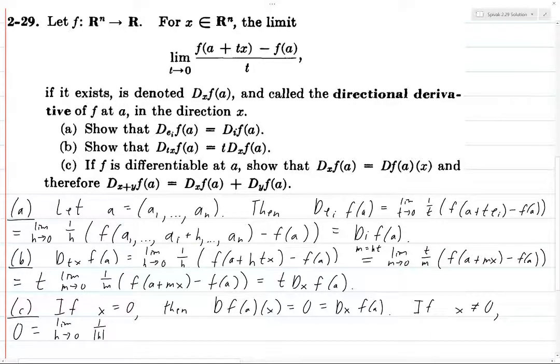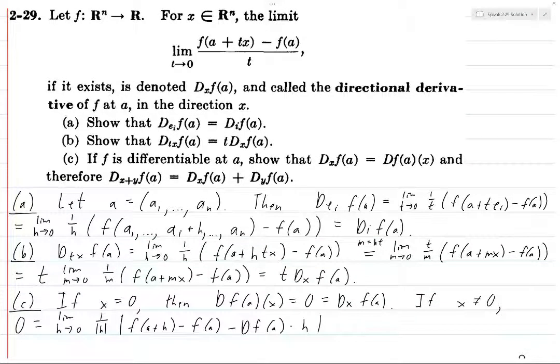Here h is a vector, and it belongs in Rn. So that's why we need to have this norm here. And then we're multiplying by f of a plus h minus f of a minus df a evaluated at h. And so why is this true? This is true just by the definition of the derivative. Okay, so this is correct.